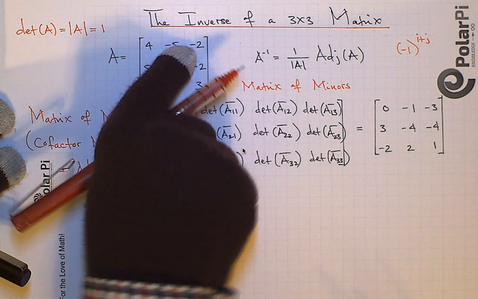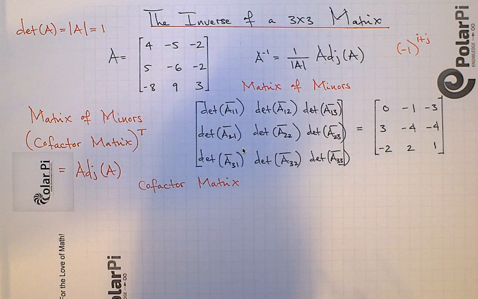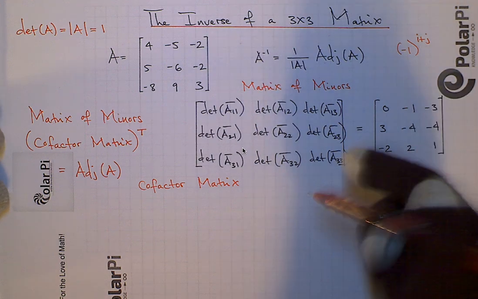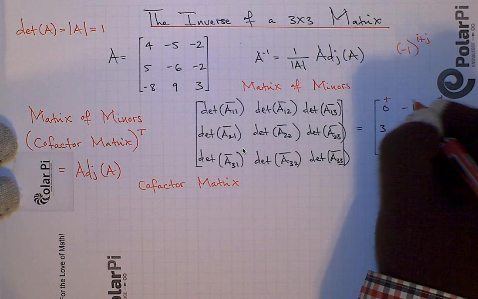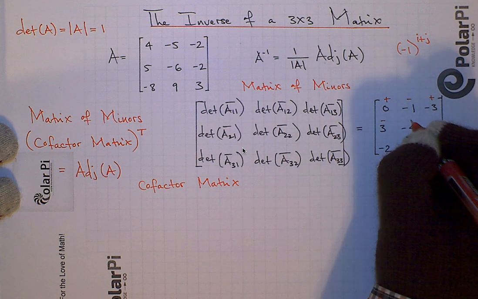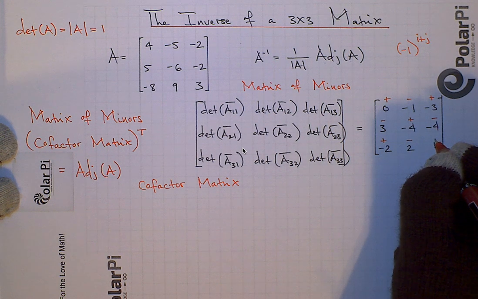For this entry, it'd be -1 to the 1 plus 2, and so on. We'd already done this when we were doing determinants, so you should be familiar with this. But yeah, if we do that, then we'll get a plus here, a minus here, a plus there, a minus here, a plus, and then a minus, and then a plus, minus, and then a plus.